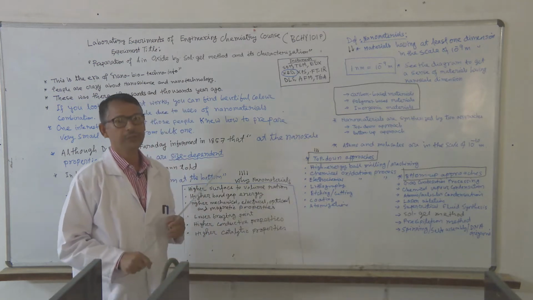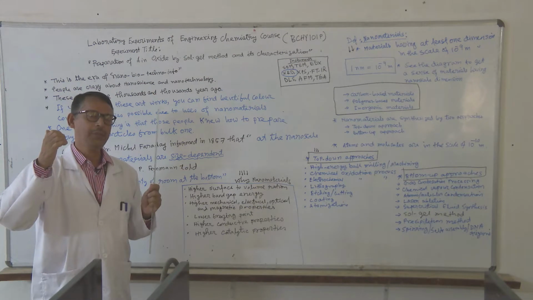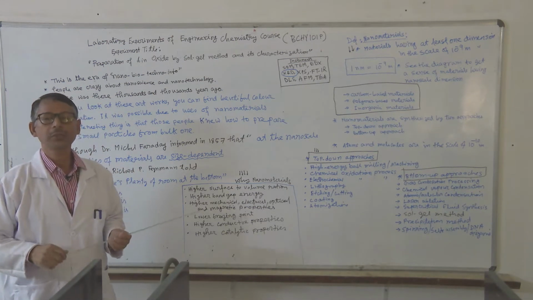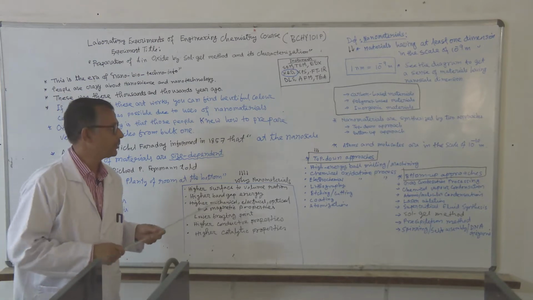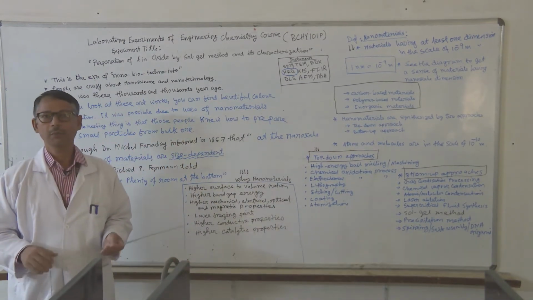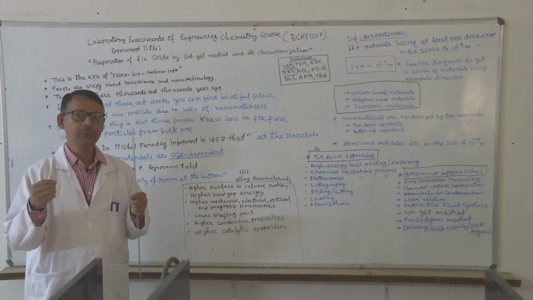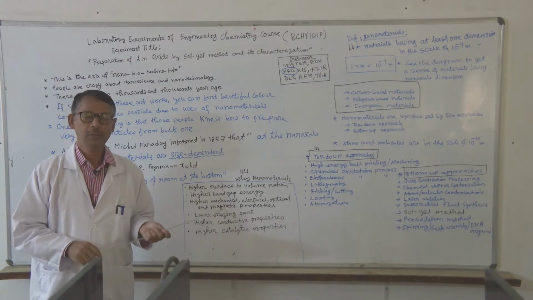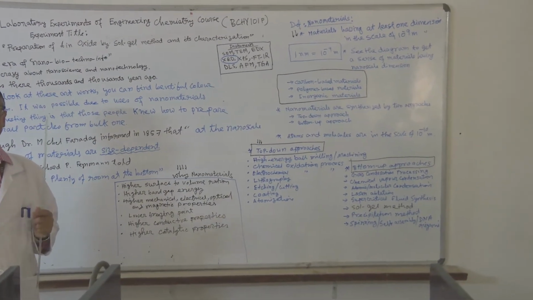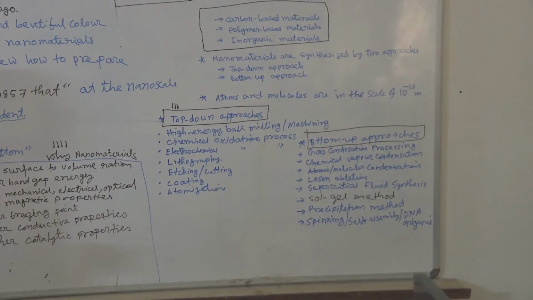Top down approach means we are taking bulk materials and we are disintegrating, breaking or grinding them to the smaller scale. Whereas in the bottom up approach, you are starting from the molecular and atomic level. Then we are going for nucleation, coalescence. By this we are making clusters and making bigger particles. That way we have two different types of approaches.